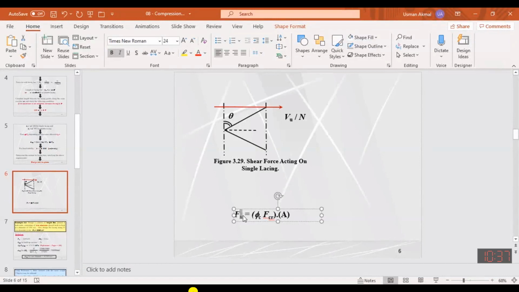The phi c Fcr value is the critical stress at which the lacing may buckle, and it is a function of the slenderness ratio of the lacing member. It means that we also need to compute the slenderness ratio of the lacing, which will be the effective length of the lacing divided by r minimum of the lacing.